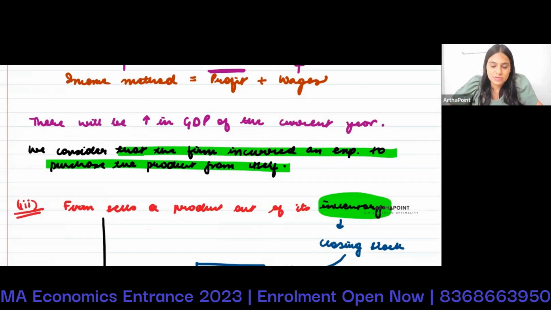So if the firm purchased its product from itself, when it sells that product in the next year, isn't it like selling a used product? I could not sell it last year, so I showed as if I purchased from myself. I showed an expenditure on it. Using the expenditure method, it became a part of GDP. And now when I sell it, it's like I am selling a used product.